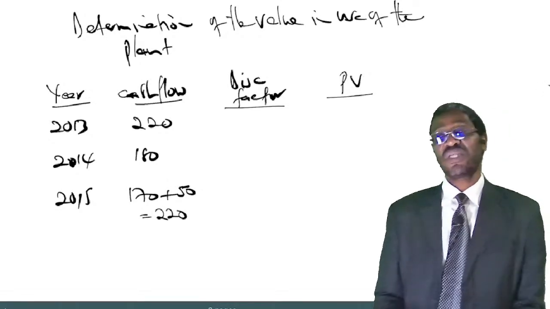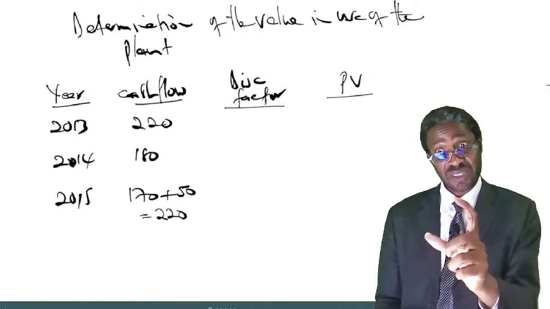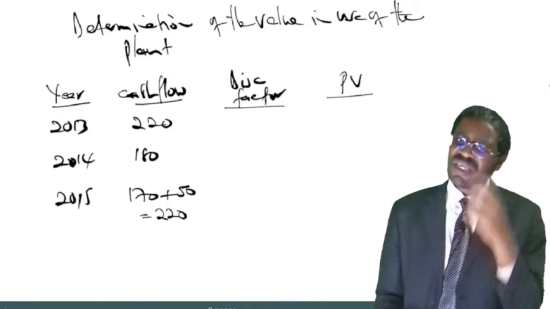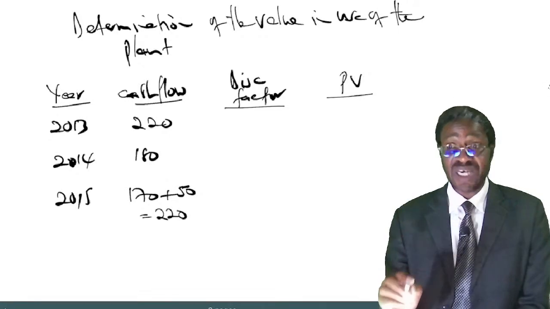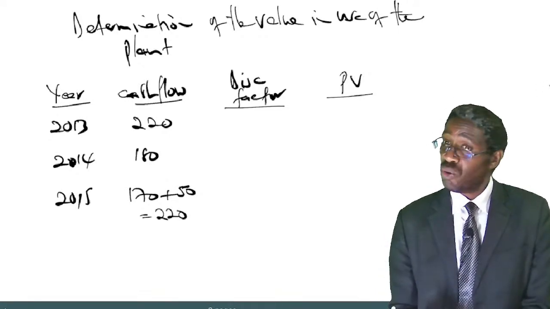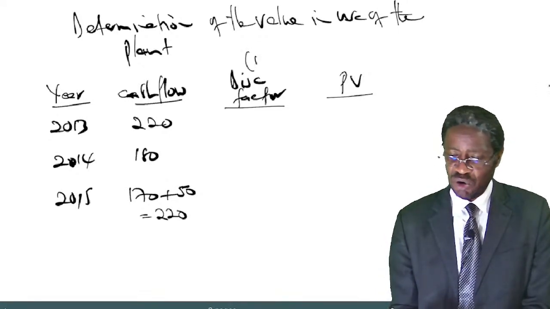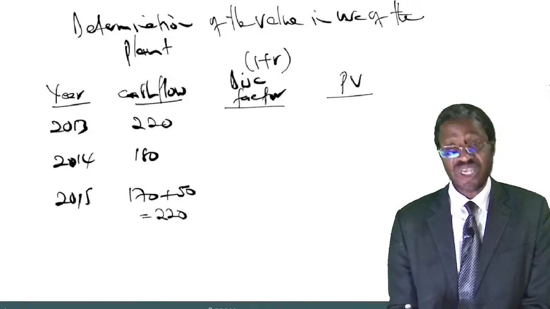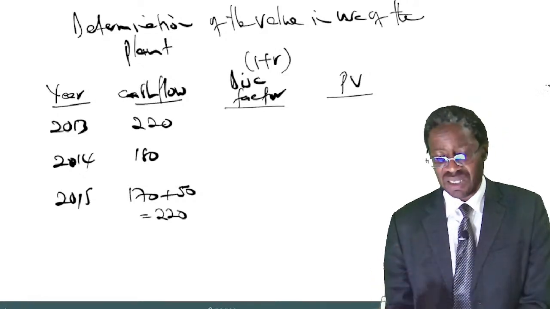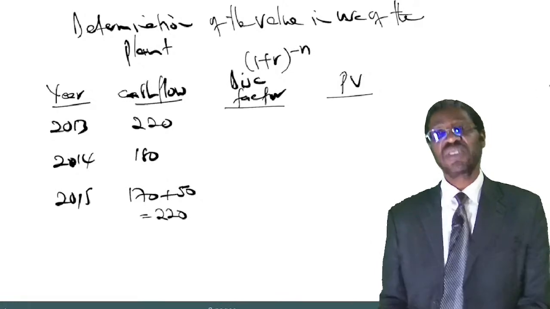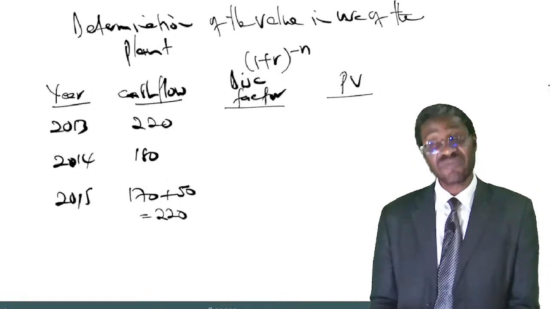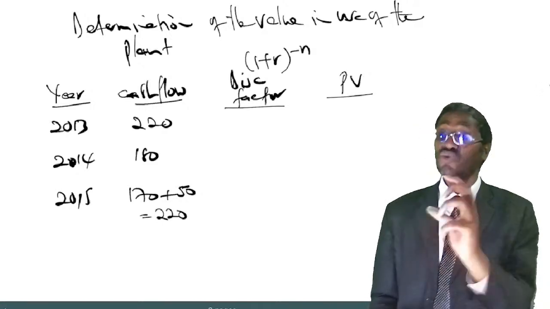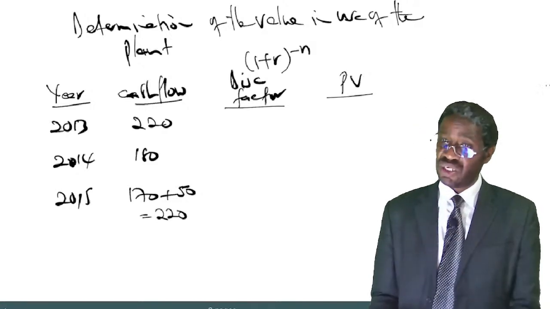If the examiner does not give you the discounting factors, having done finance, you should know how to compute them. I hope you still remember, you get it by taking 1 plus r to the power of negative n. That's how you compute those discounting factors.